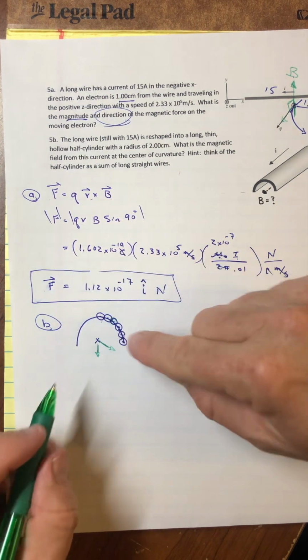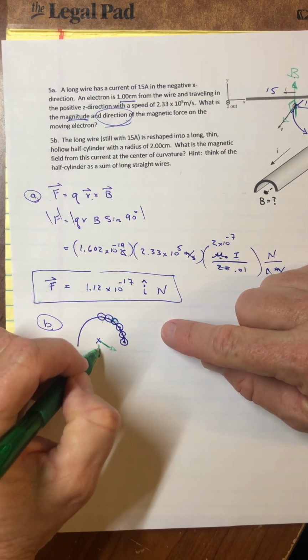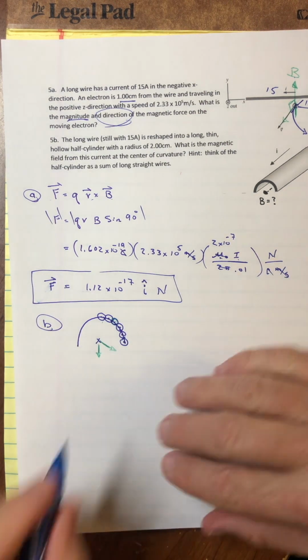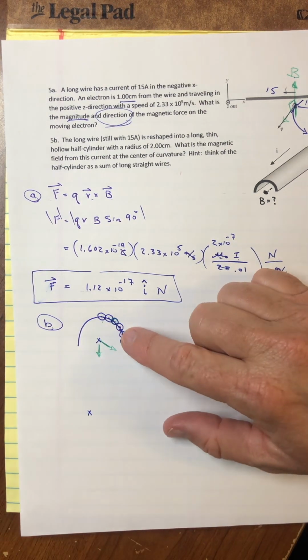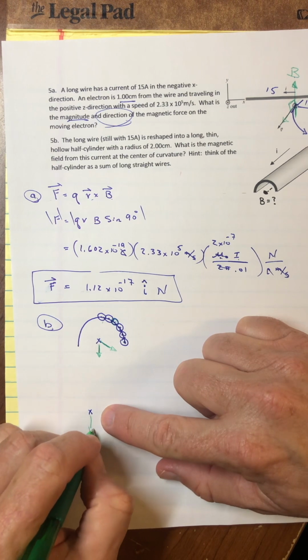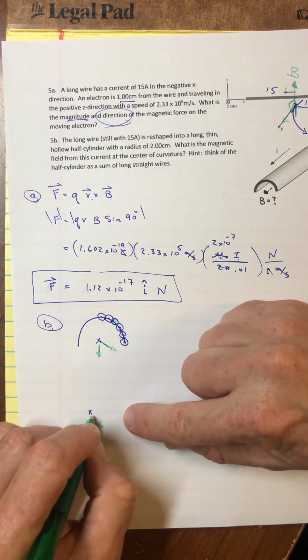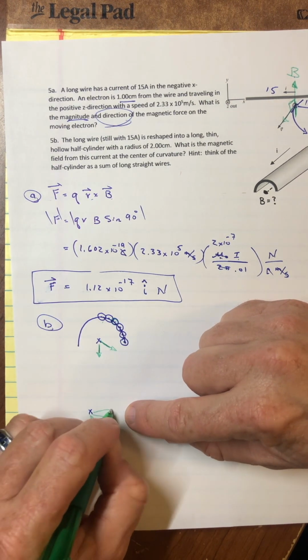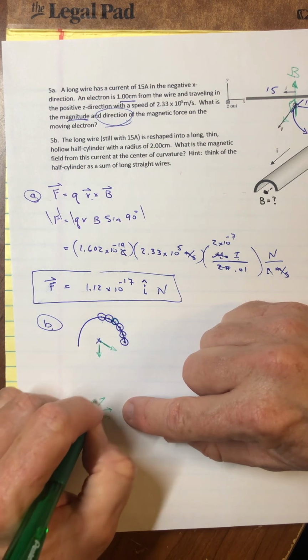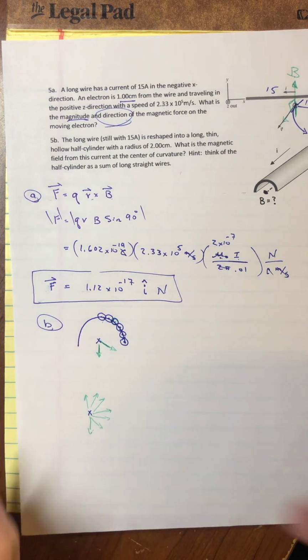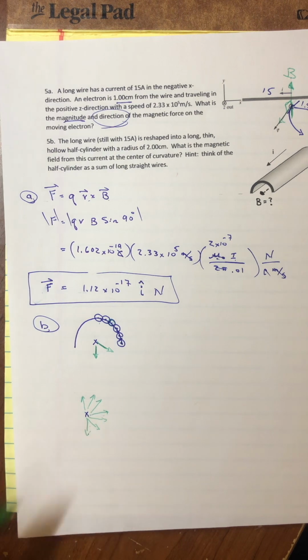If you imagine everywhere along the points, you would have a field from the first one like this, and then like this, and like this, and so on. And so we would add all of these up.